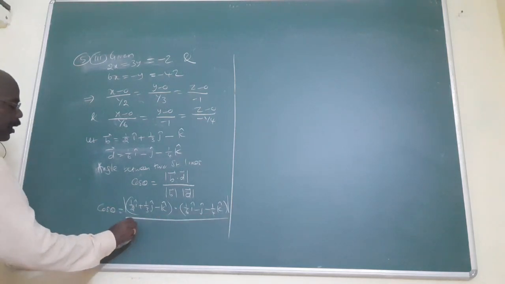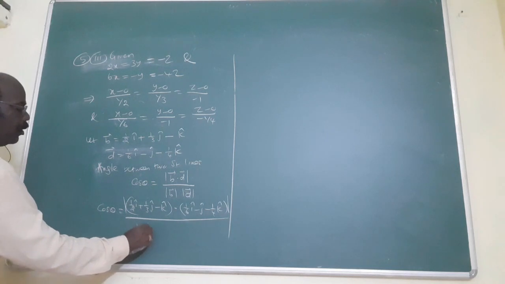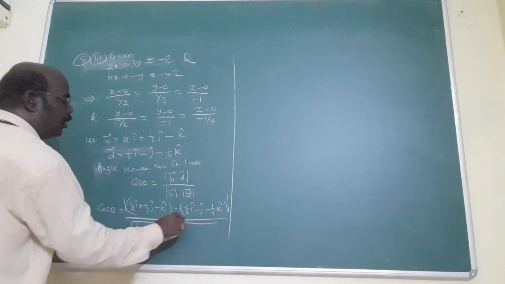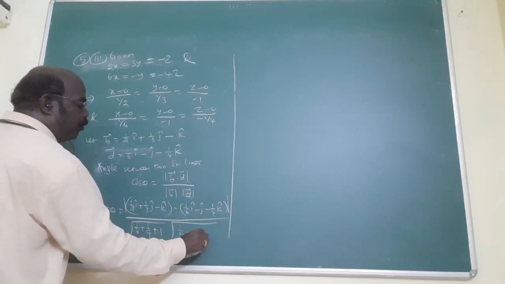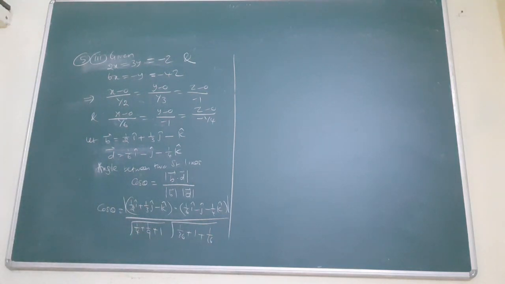1 by 2 whole square. That is, 1 by 4, 1 by 9, squaring 1. Here also 1 by 36, 1 square, 1 by 4, 1 by 16. Am I right? In this way, directly squaring and adding. Now, simplifying, we get the answer.